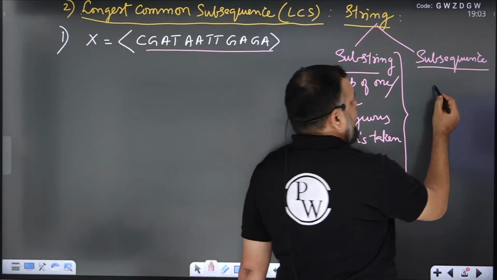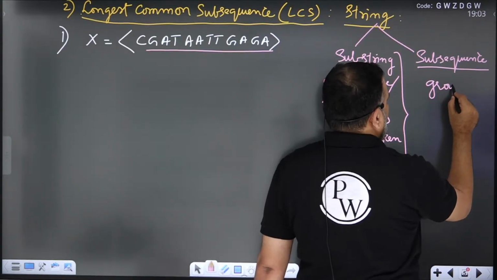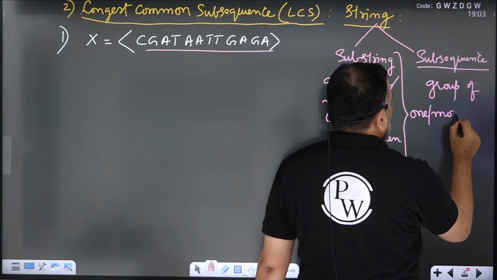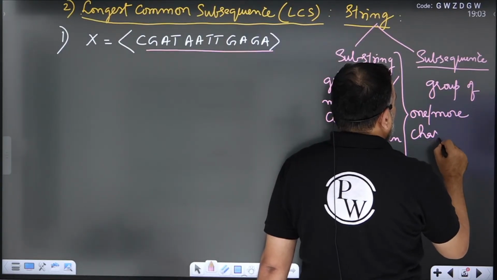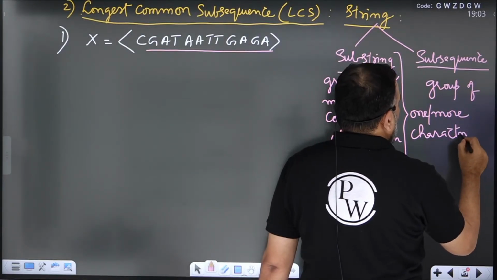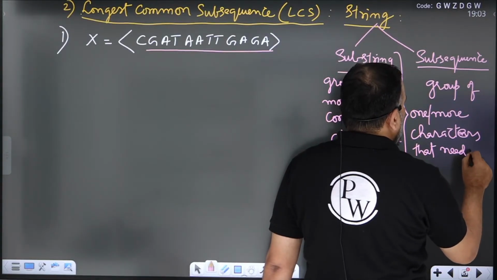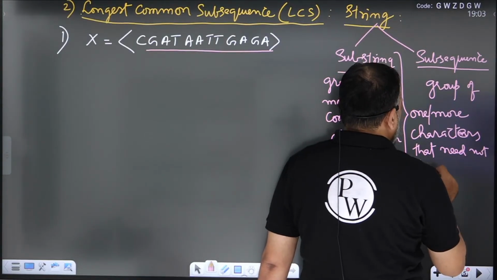What is a subsequence? A group of one or more characters that need not be, this is important, that need not be contiguous.